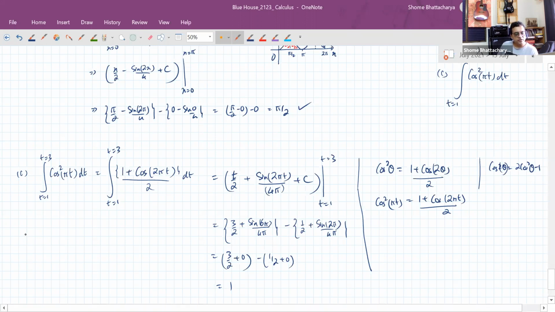So this is also an interesting graph if you think about it. The graph of cos square pi t, this sort of a graph, varies between 0 and 1.